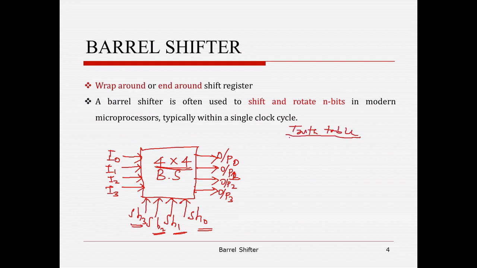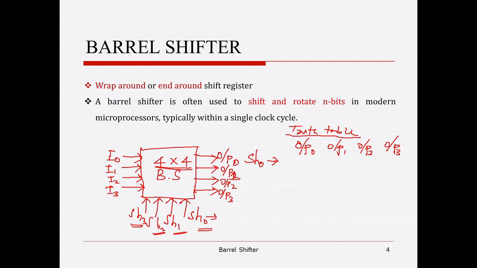Based on the basic principle of a barrel shift register, it has 4 outputs: output 0, output 1, output 2 and output 3. For example, the barrel shifter has a control signal called SH0.